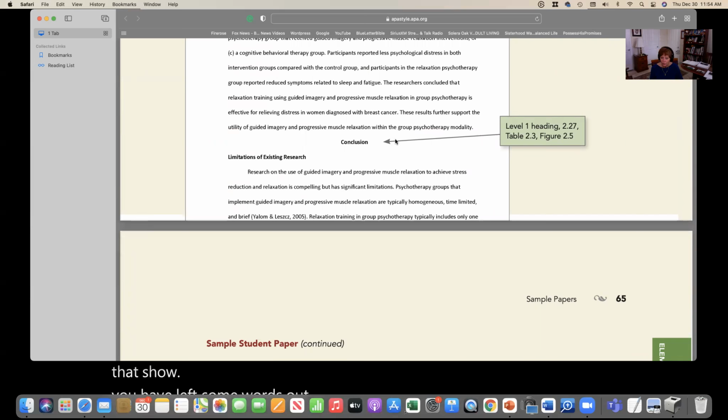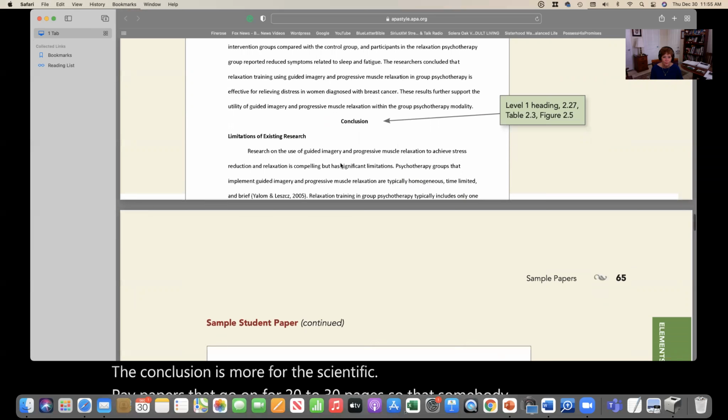I prefer that you don't write conclusion, because if you are ending your paper, I should be able to tell that it is a conclusion. The conclusion is more for the scientific papers that go on for 20 to 30 pages so that somebody can flip over.